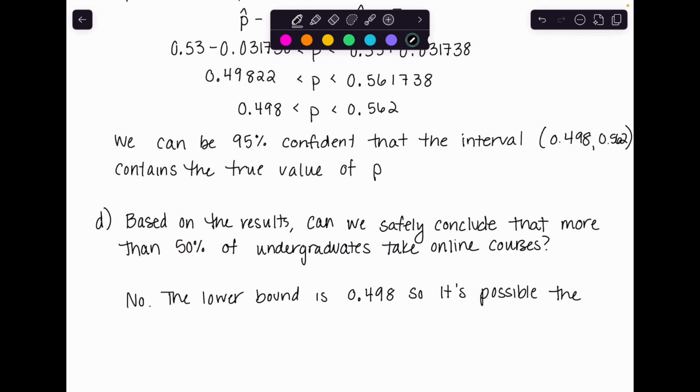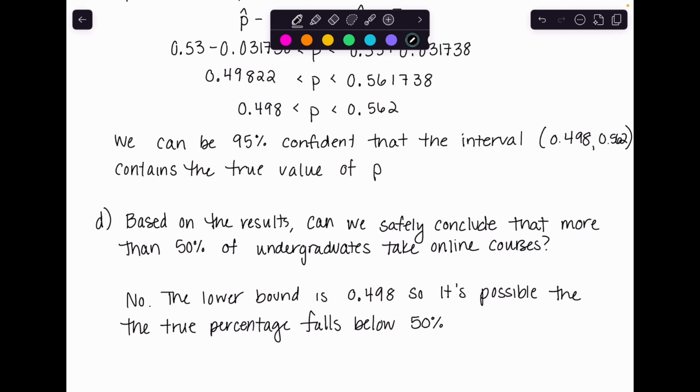And you can say it's possible the true percentage falls below 50. So again, it just depends on how much confidence you need, but 95% is typically our go-to.